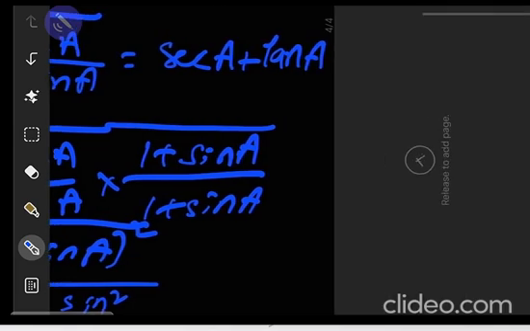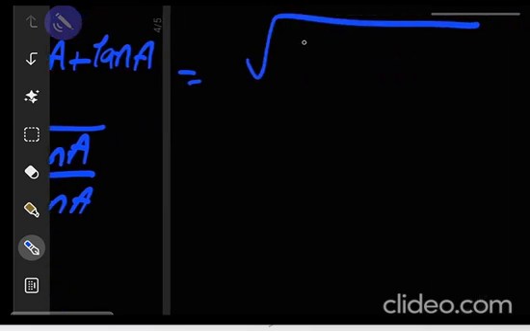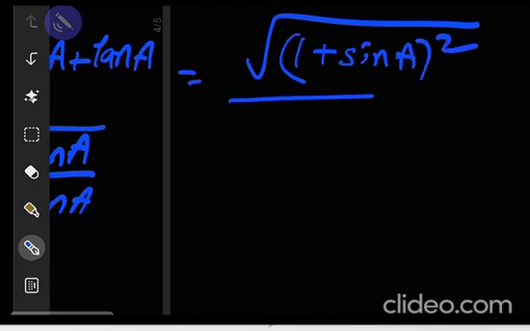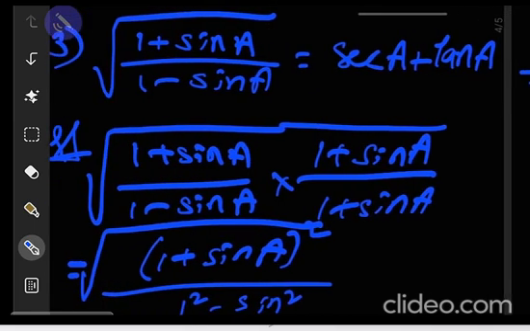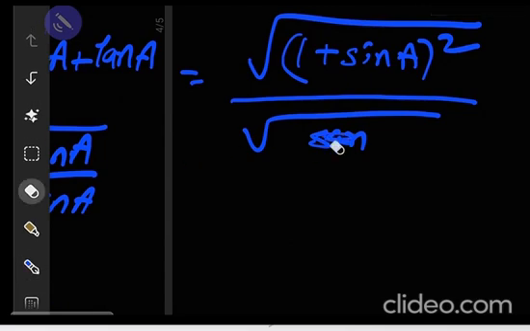Here, what we got: (1 plus sine A) whole square divided by under root 1 minus sine square theta.